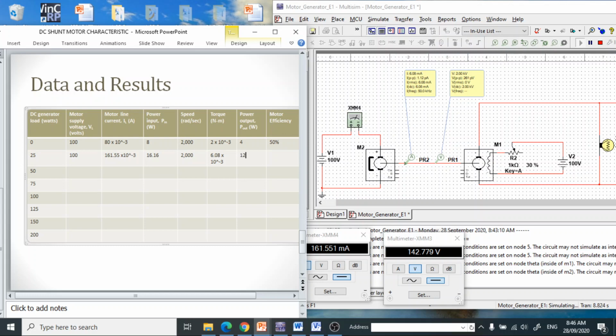So that's 12.16 watts. So the efficiency would be 12.16 divided by 16.16 times 100, that's 75.25.